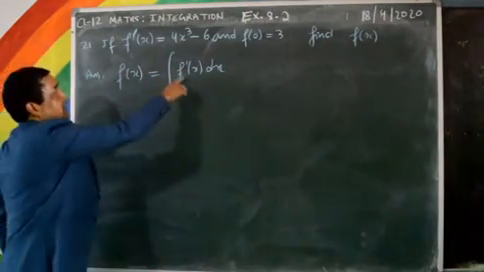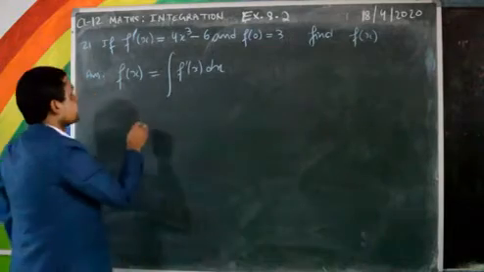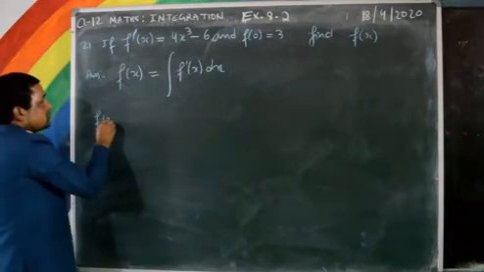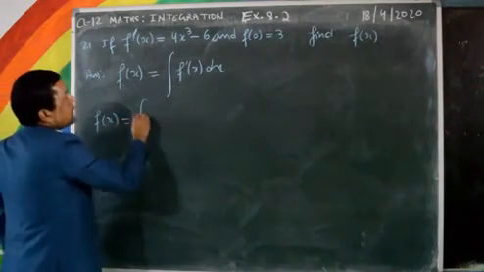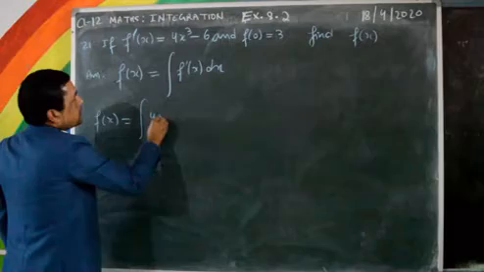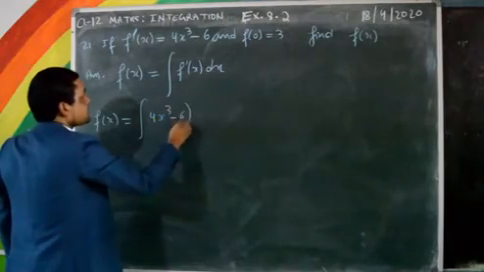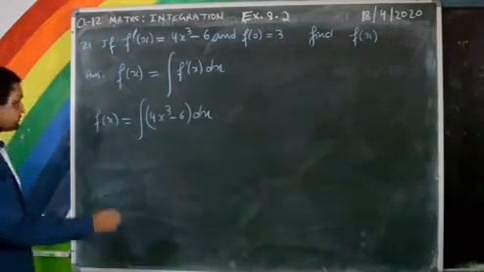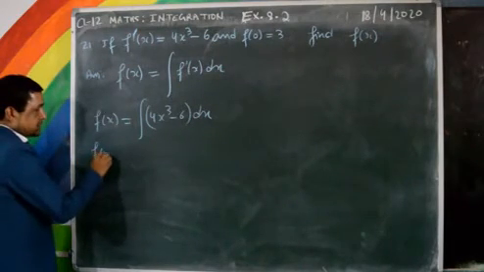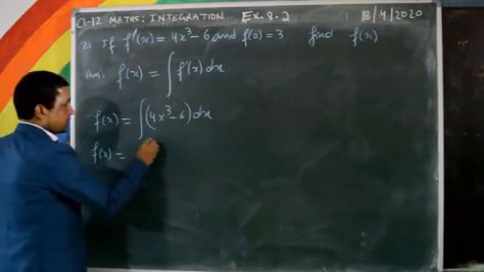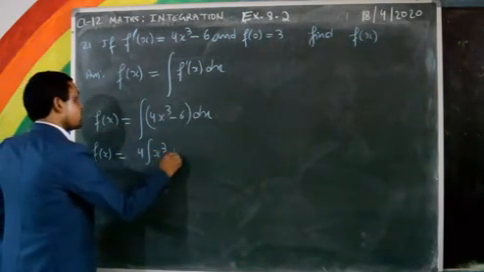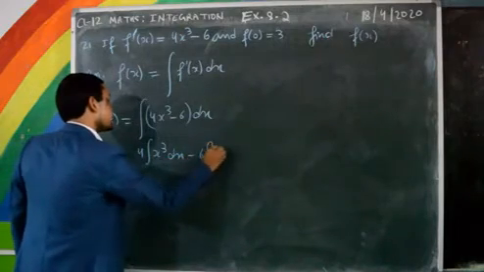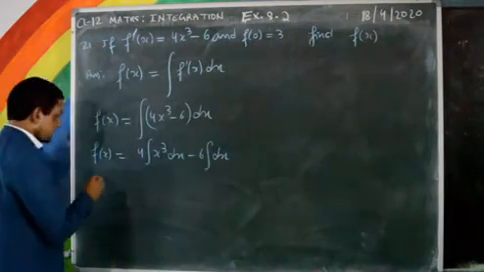Okay, now substitute the value of f dash x in this formula. Now fx equals to integration of 4x cubed minus 6, bracket close dx. Now separate the integration for each term. Fx is equals to 4 integration x cubed dx minus 6 integration dx.